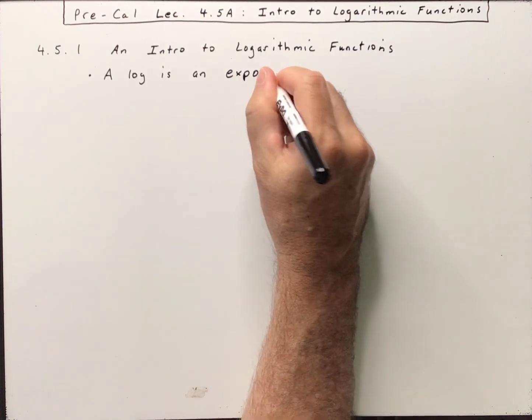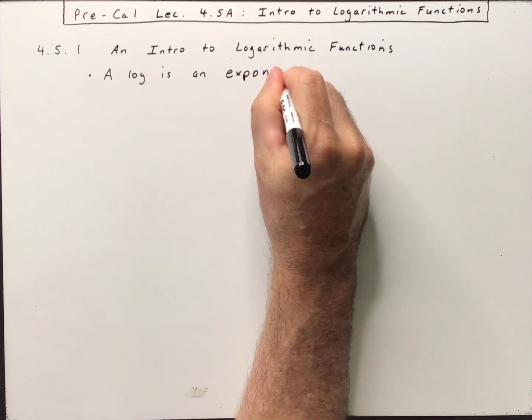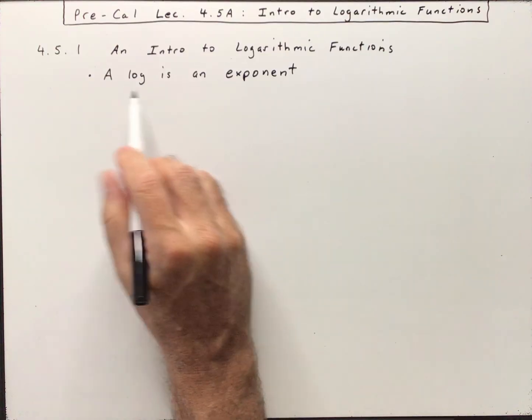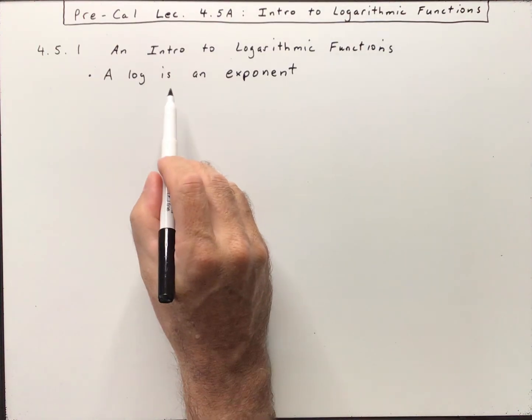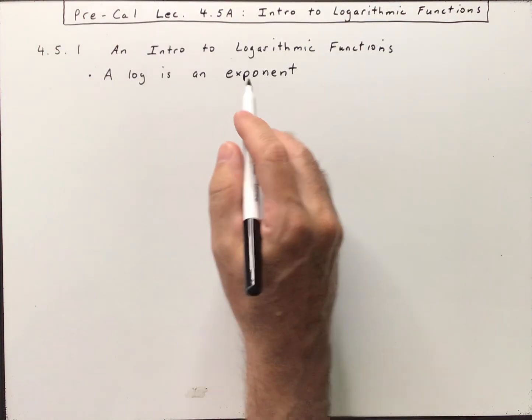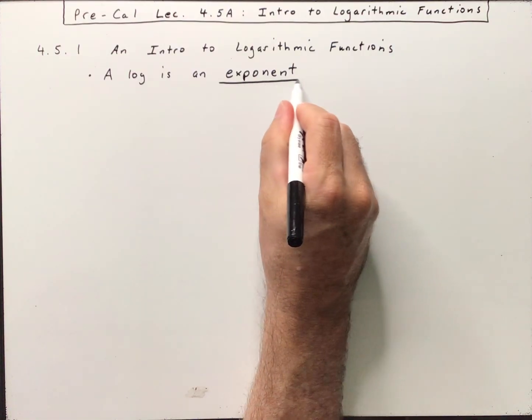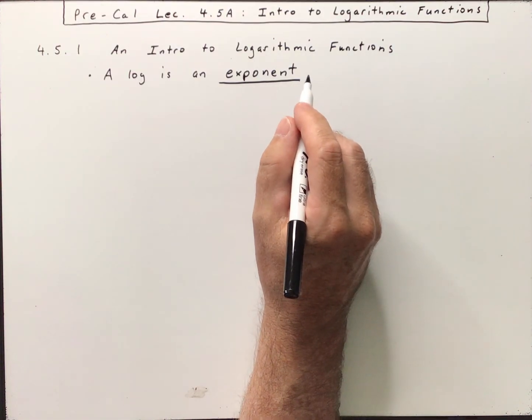What that means is that the answer to a logarithmic expression, the thing that's on one side of the equals sign by itself, that's always an exponent.